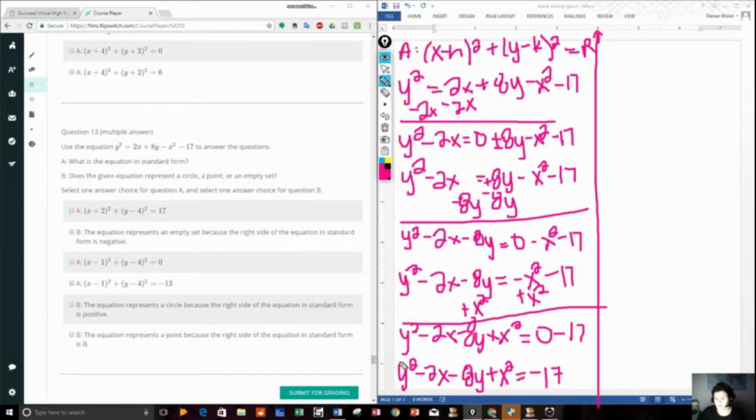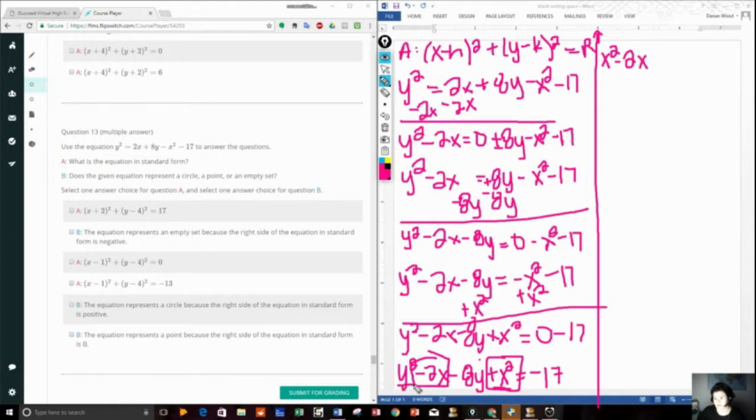Alright, and now we're going to regroup. I want my y squared and my y next to each other, and I want my x and my x squared next to each other. So I'm going to take the entire symbol in front of the x squared. x squared is positive, and we take minus 2x.